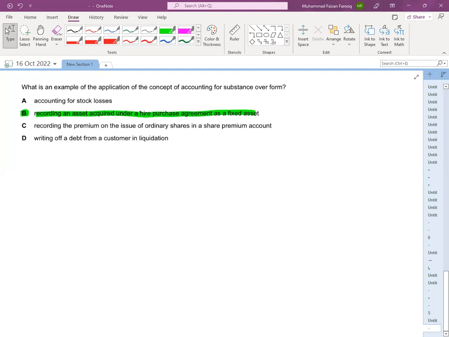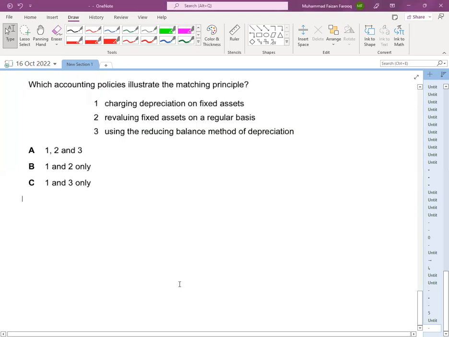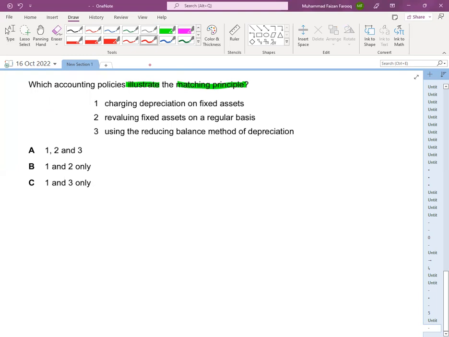Then I want to remind you of the matching concept. What is the matching concept? Your expenses and income must be matched against each other. Am I right? Did you remember that? So now, matching principle illustration example.